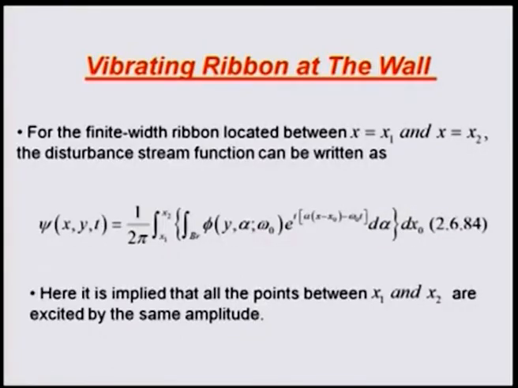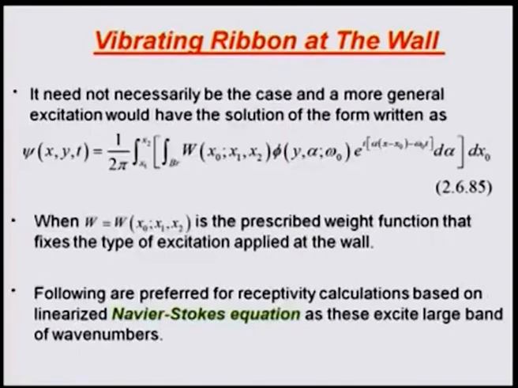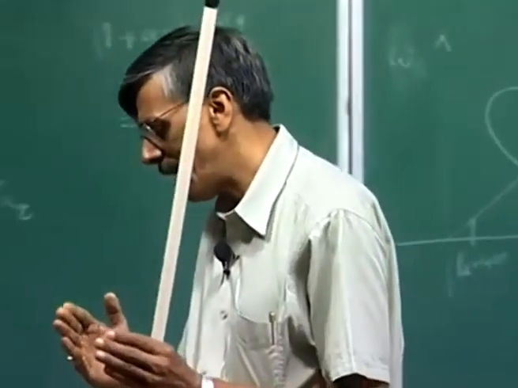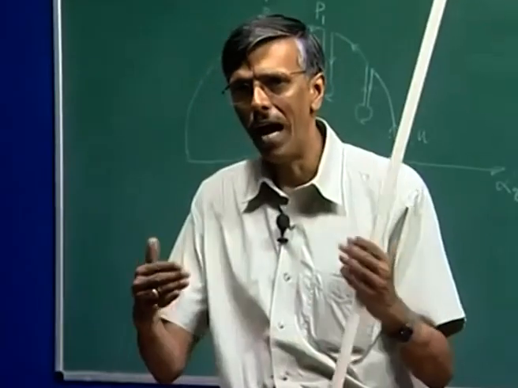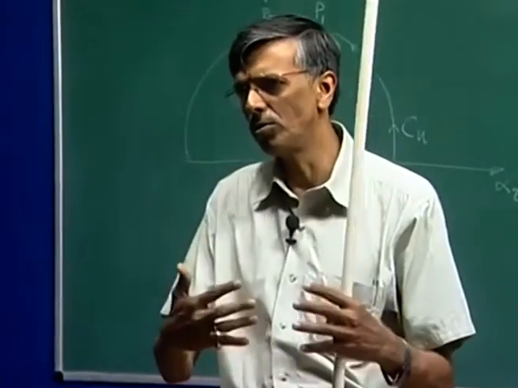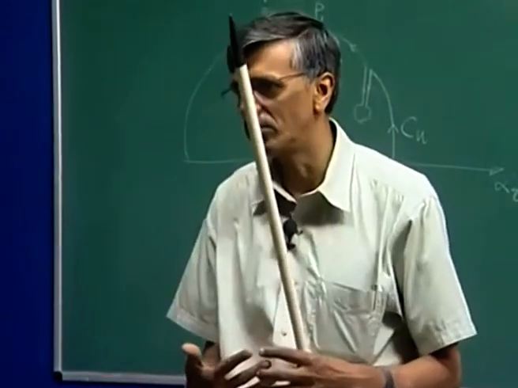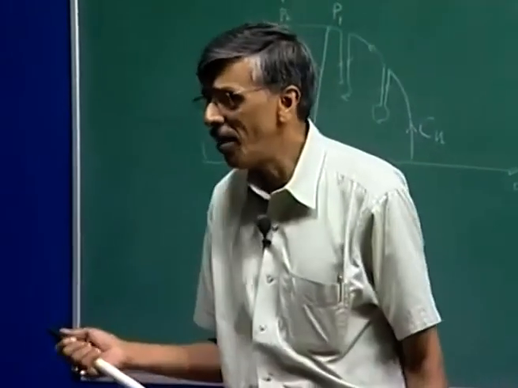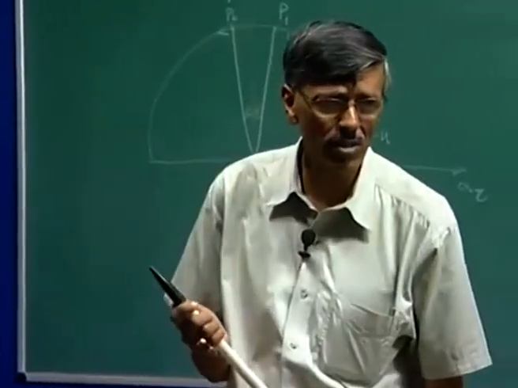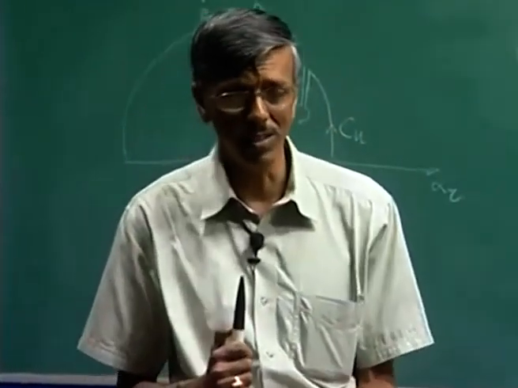What will happen though? You are going to get solutions for each exciter location. I will get some impulse response, and your total solution would be a convolution of all this, right? And we have already familiarized ourselves with group velocity.